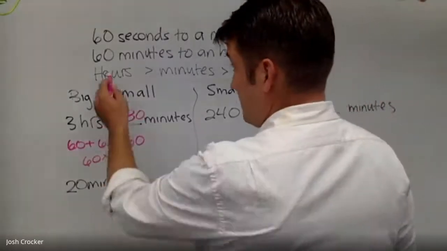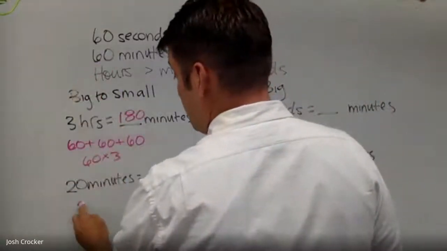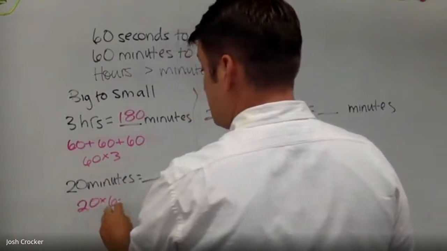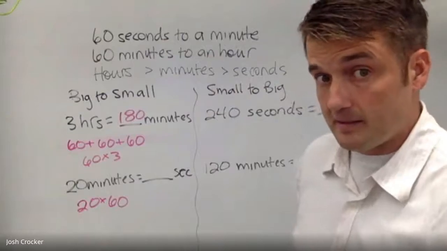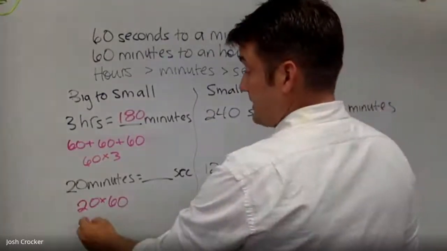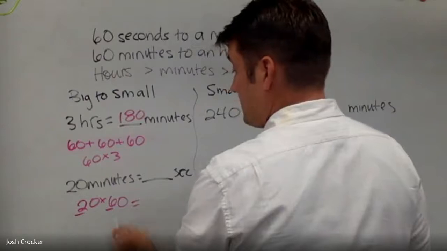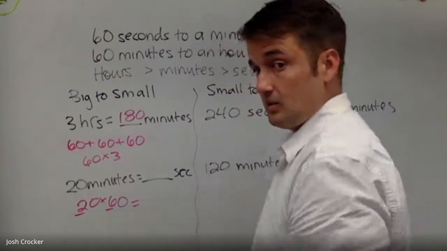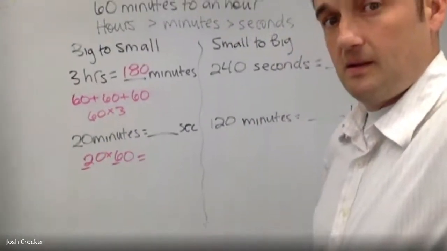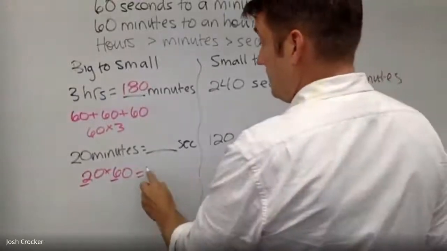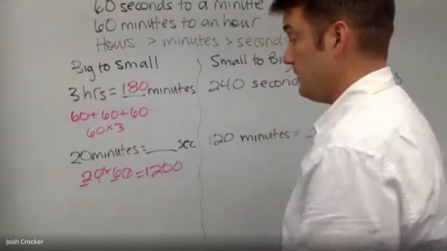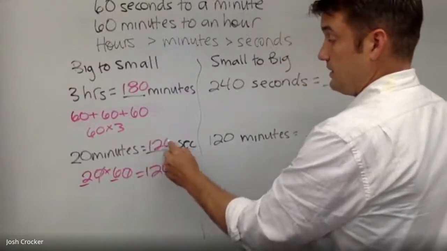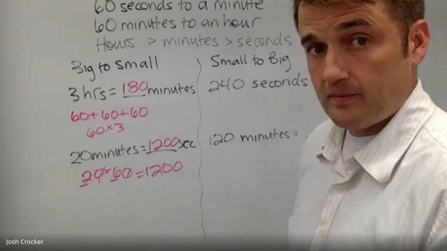So it's 20 minutes times 60 seconds in every minute. This fact is really the same as 2 times 6. So 2 times 6 is 12, and then I've got 2 zeros here. So in 20 minutes, there would be 1,200 seconds.